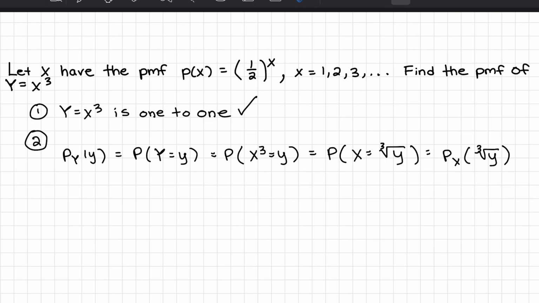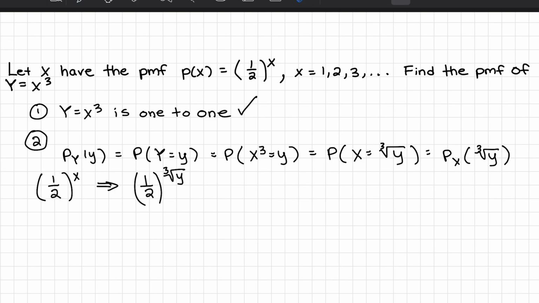Now we take our PMF of X, which in this case is 1/2 to the power of X, and we just plug in the cube root of Y in for X. So this is the same thing as 1/2 to the power of the cube root of Y.